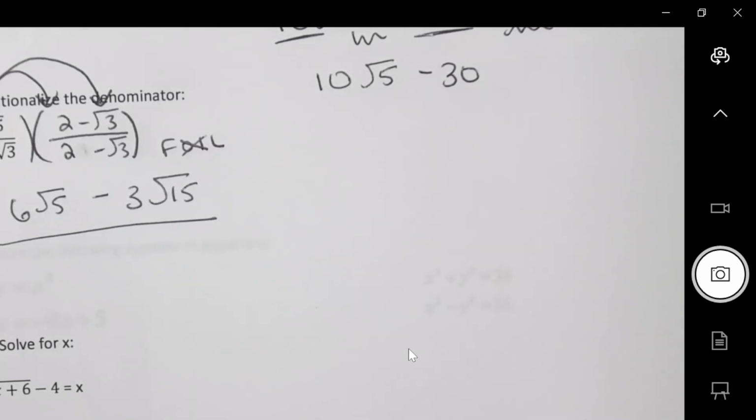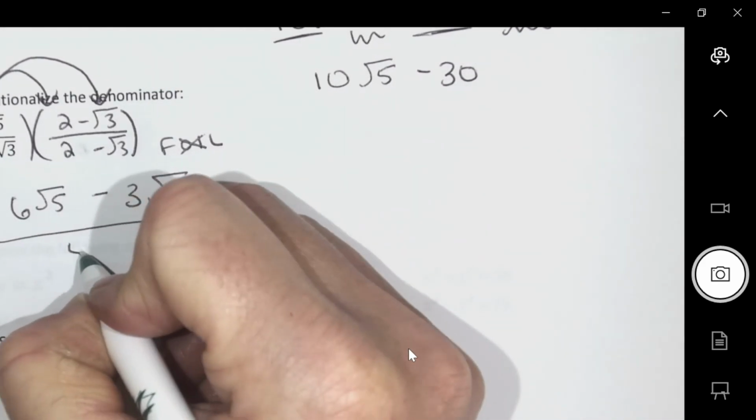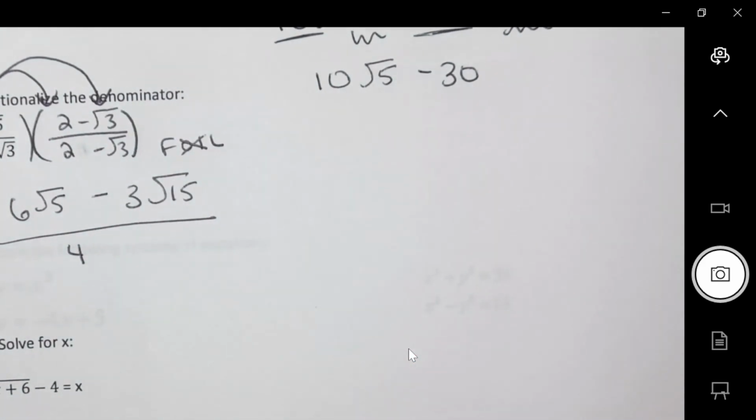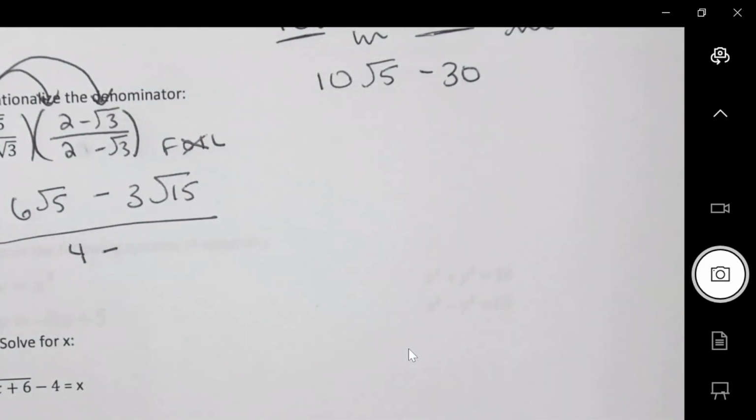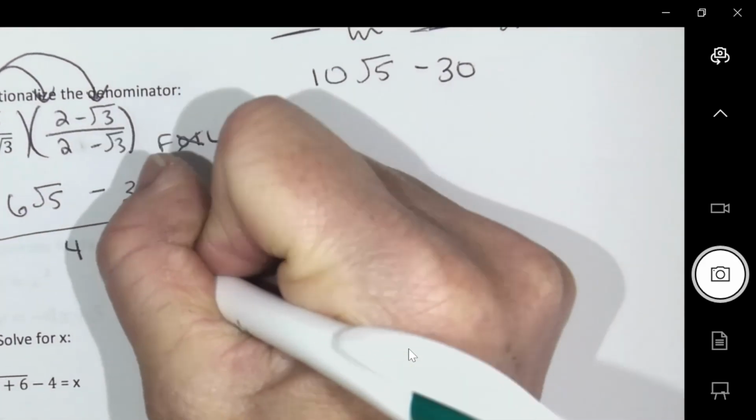So I'm going to FLO this instead of FOIL. So first times first makes 4. Minus, this is always a minus because the signs should always be different. Root 3 is just a 3.